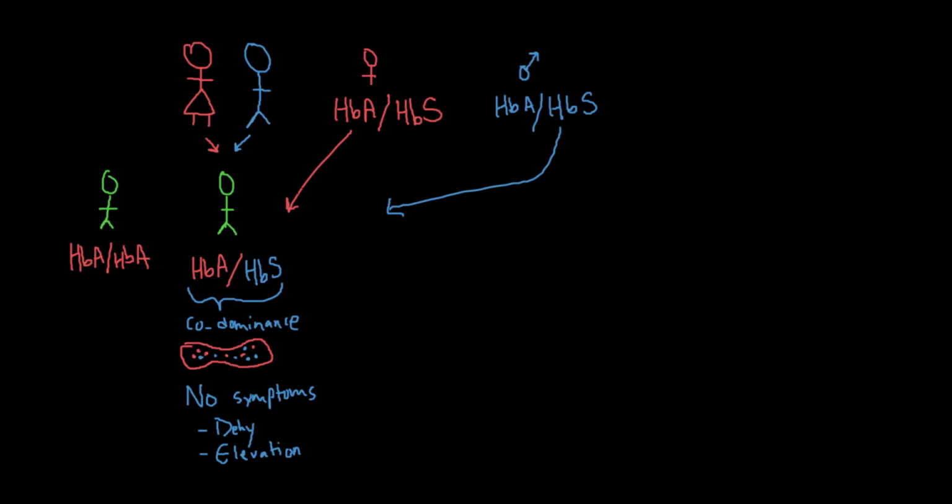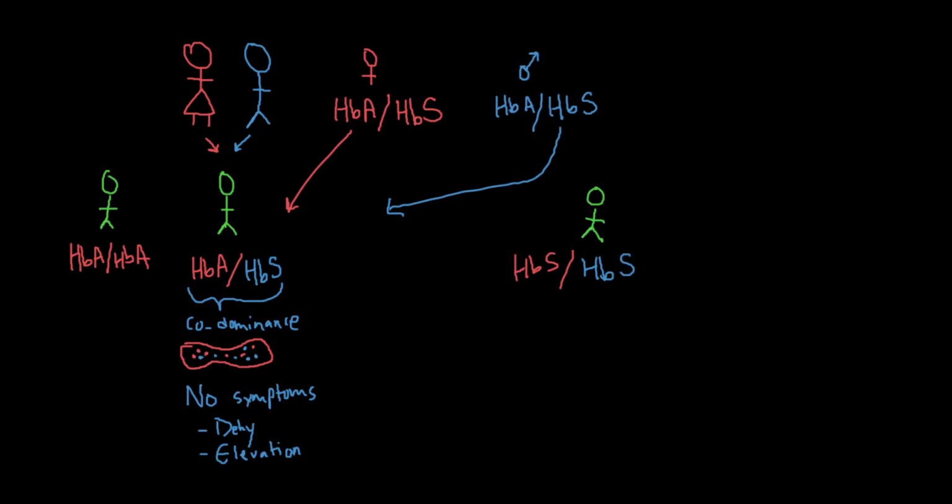Let's say they have another child over here, and this child happens to inherit HbS from mom and HbS from dad.